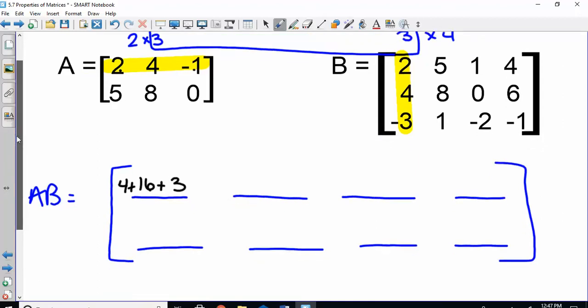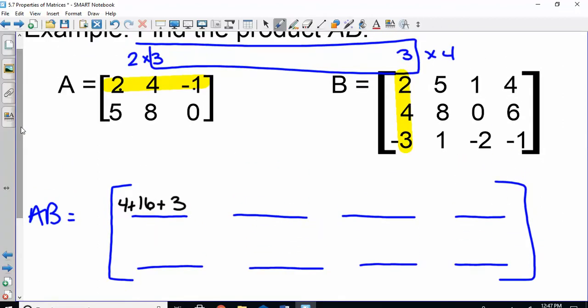So when you take a row times a column, you multiply the corresponding numbers, we add those together. Okay? You can go ahead and add it right now. I'll probably just copy it down in a second and go ahead and add them together. If you are comfortable going ahead and writing your answer, that's fine. I'm just trying to show you guys as much work as I can for where my numbers are coming from.